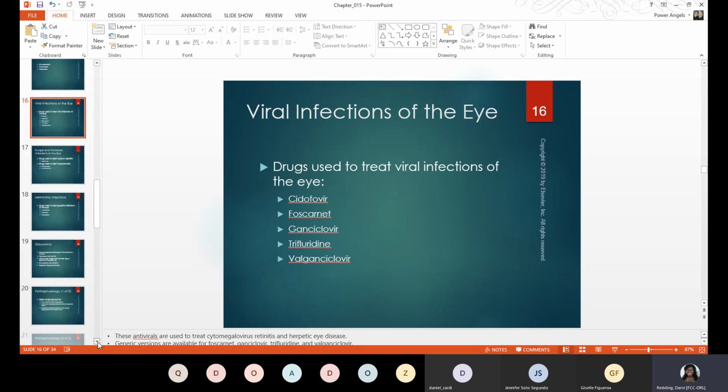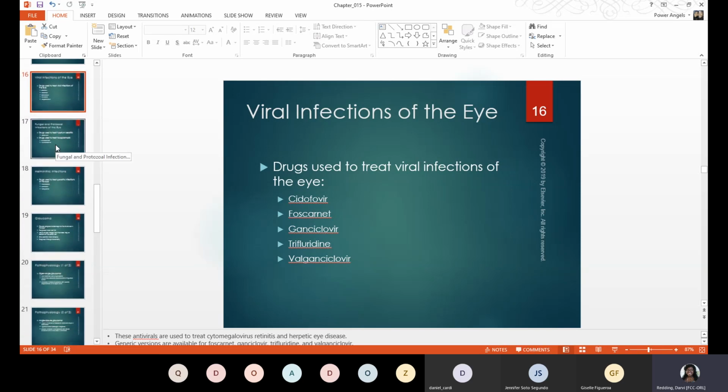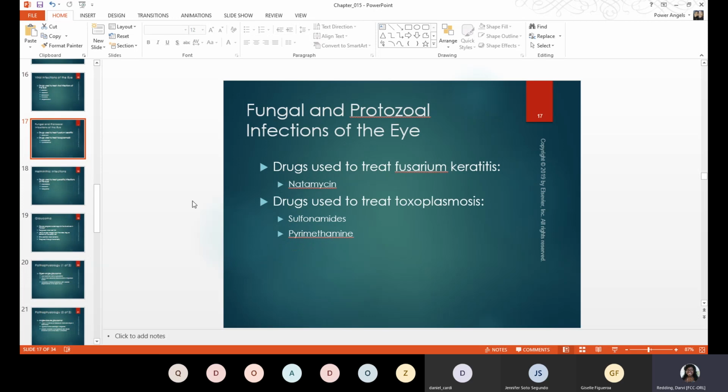So now that we've gone over some of the examples of the viral infections in the eye, let's continue to learn about some of the drugs that help treat the fungal and protozoal infections of the eye. Some of the drugs used to treat fusarium keratitis would be natamycin, and some of the drugs used to treat toxoplasmosis would include the sulfa drugs, which remember sulfa represents sulfonamides.